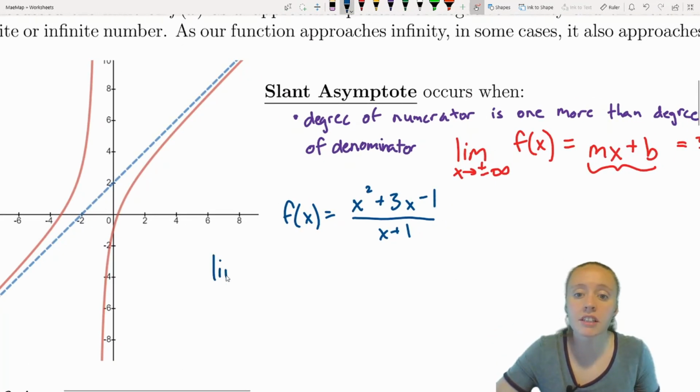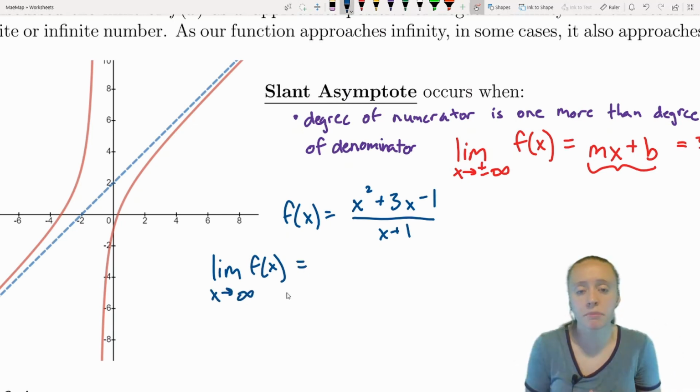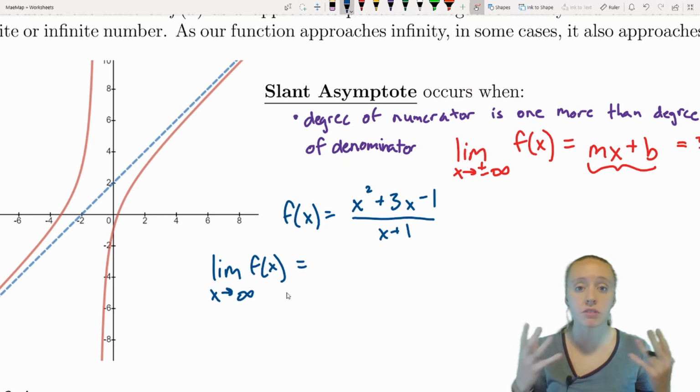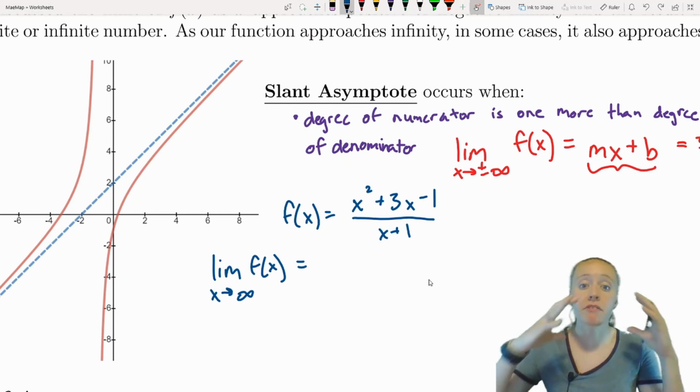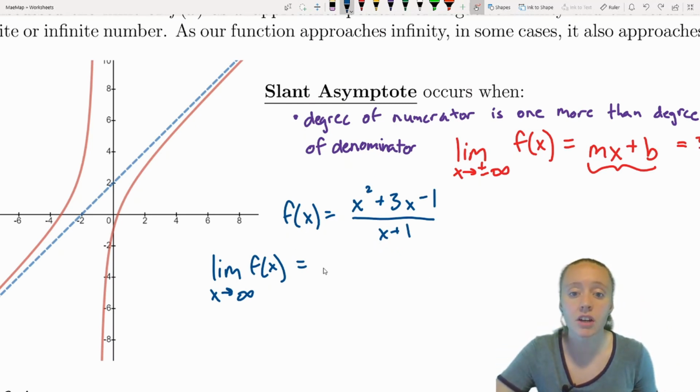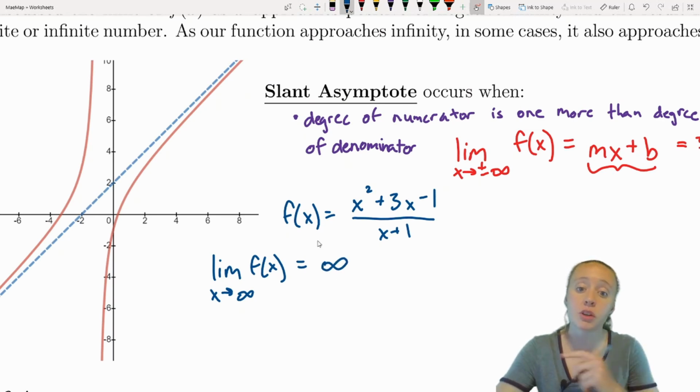So what is the limit of f of x as x approaches, let's do positive infinity? Well, use the knowledge from that previous worksheet we just did with rational functions. The degree of the numerator is higher than the degree of the denominator, meaning our numerator is growing faster and heading towards infinity. So overall, our function is going towards infinity as x goes towards infinity.